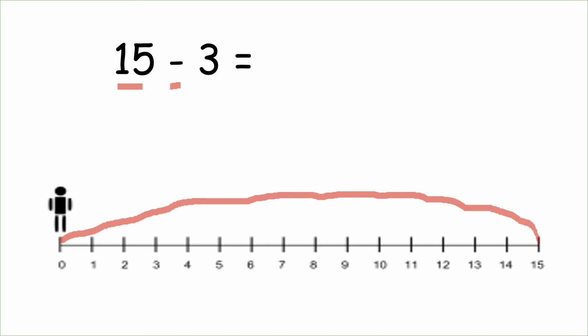And then we have to take away 3. Remember, when you are taking away, you move backwards. So you start at 15 and you go 1 jump, 2 jumps, 3. And where do we end up? On the number 12. So 15 take away 3 equals 12.